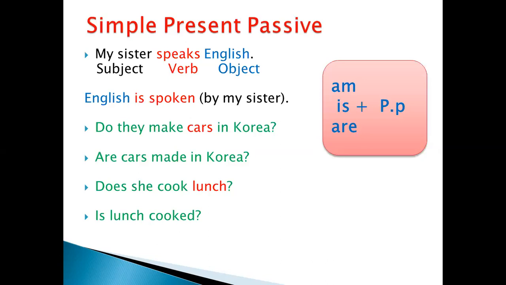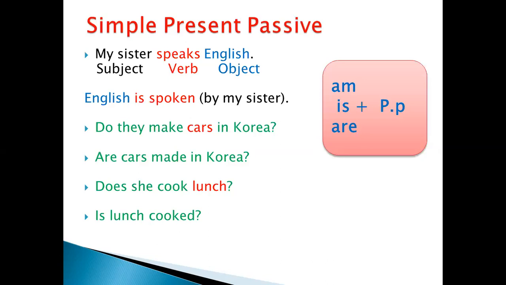I know that what I said, you already know. What's new? We would like to change this sentence from active to passive. What's passive? Passive means you don't need to say who or what did the action. There is no need to know. I don't care who speaks English: my sister, my brother, my friend. It doesn't matter.